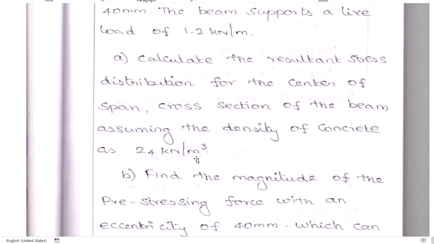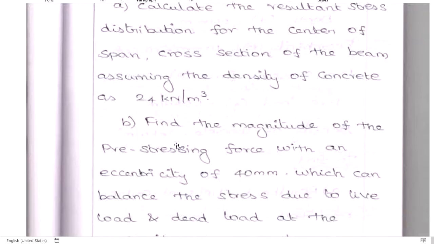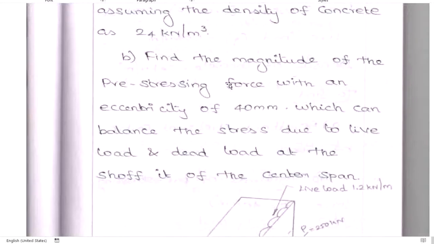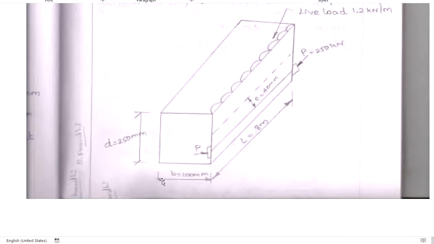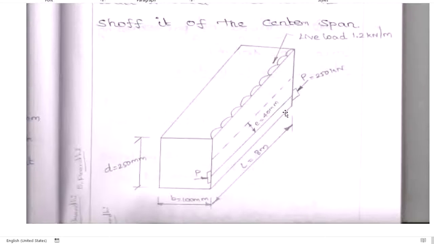Why they have given this density of concrete is to calculate the dead load of the beam. Now about case 2 we are going to worry later. I am going to come back to this case 2, but let us study the beam first. So 100 mm is the breadth, 250 mm is the depth, length is 8 meter.